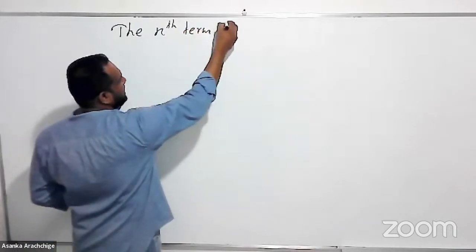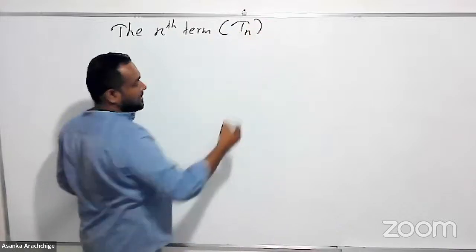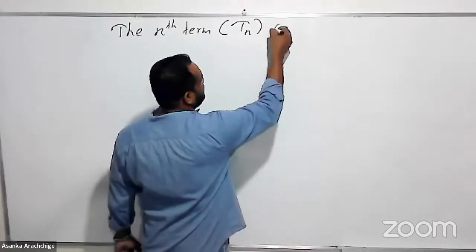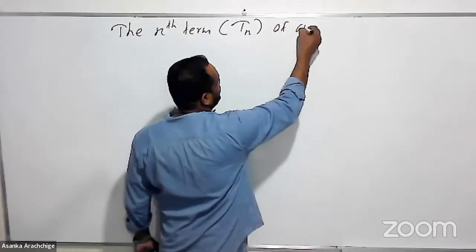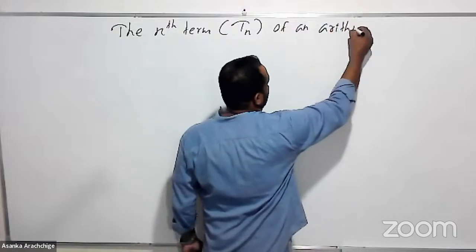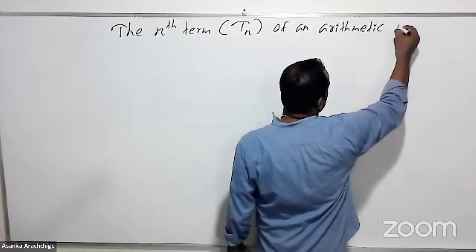The symbol of the nth term is like this. Tn, the nth term of an arithmetic progression.